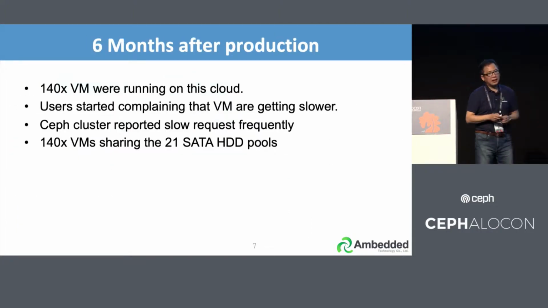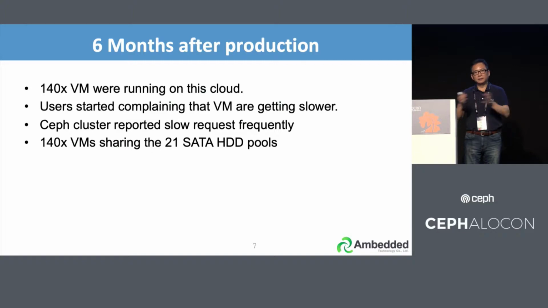After 6 months of production, they pushed their internal department users to migrate their internal services and VMs to this OpenStack cloud. In a short 6 months, they moved around 140 VMs, but that was a gradual move, not all 140 at a time.